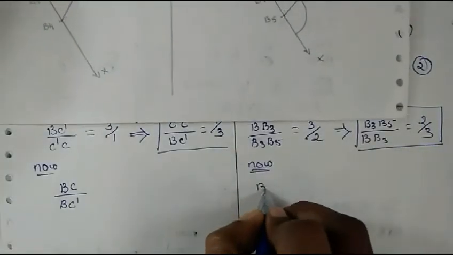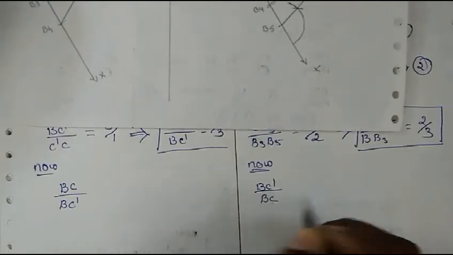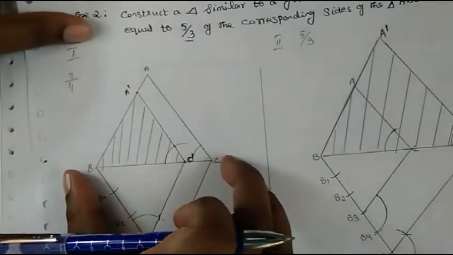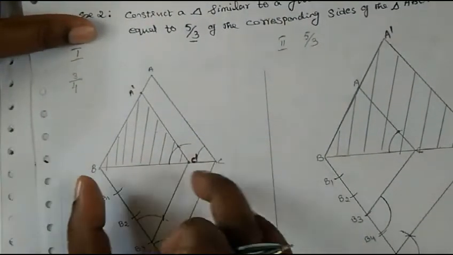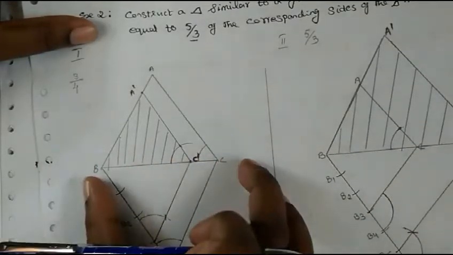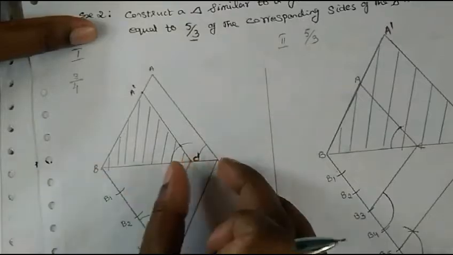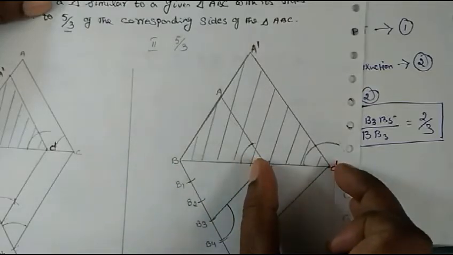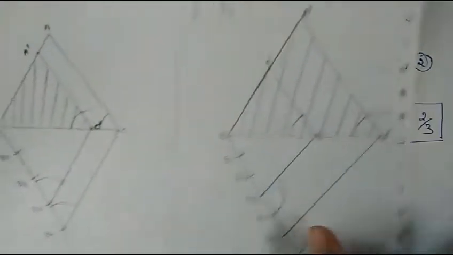So BC dash upon BC. Okay. So now BC can be written for the small triangle. BC is what actually? This is actually BC dash. This is plus this. Okay. BC can be written as this plus this, right? Same way, BC dash can be written as BC plus C dash. Okay. So that's what we are going to write.